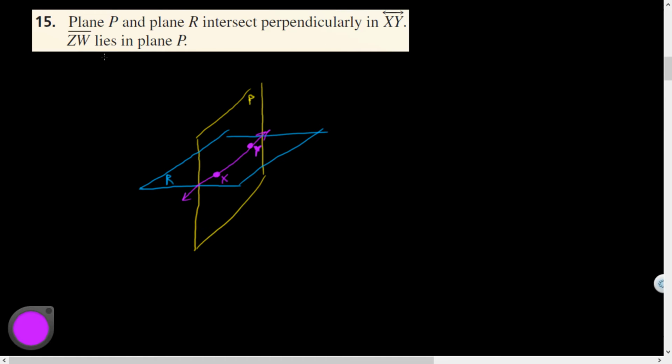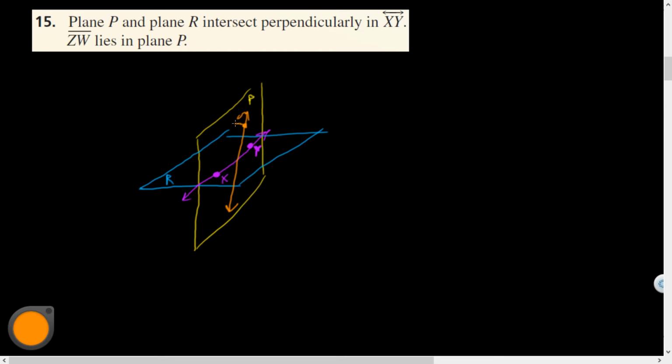And then ZW lies in plane P. So here's an additional line that's going to exist in this yellow plane. It's going to be unique from the other one. It could be any sort of diagonal. It doesn't necessarily meet XY at a perpendicular angle.